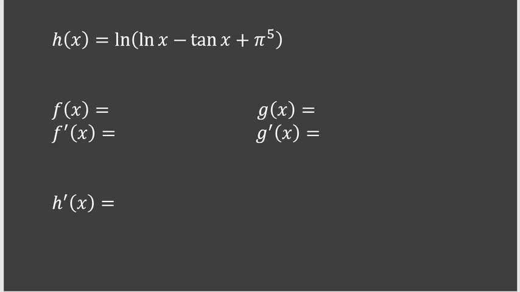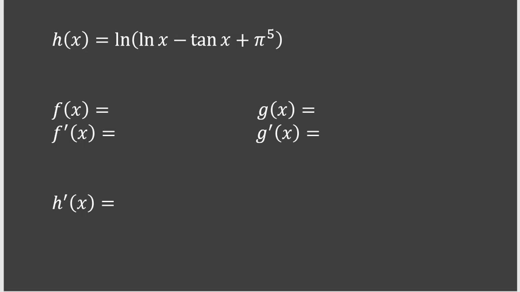Okay, so we're going to identify what are f of x and g of x in this composition. I look at this and I see that we're taking the natural log of a whole bunch of stuff. So everything that's inside of that bigger natural log, that's going to be my inside function, my g of x.